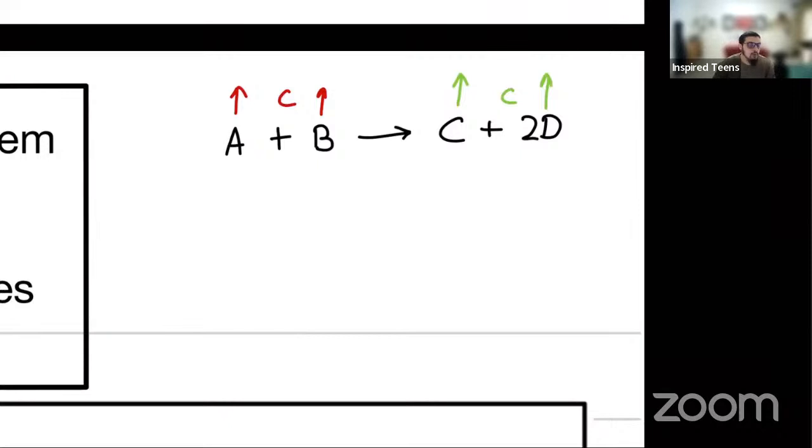We could increase the concentration of A or B, those would be reactants, or we can increase the concentration of C or 2D. And that's where the difference occurs, in which one we increase. Are we increasing the concentration of a reactant, or a product? Let's just say we were increasing the concentration of A.